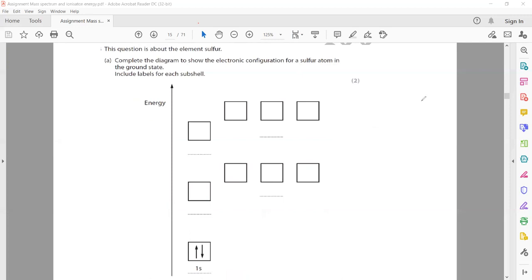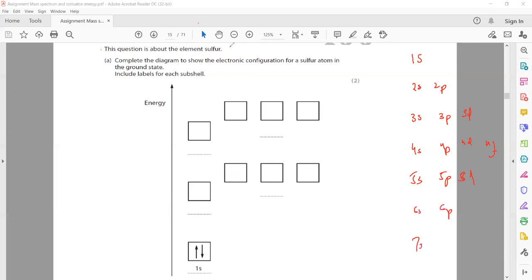So remember this table when you're completing the electronic configuration. That is 1s, 2s, 2p, 3s, 3p, 3d, 4s, 4p, 4d, 4f, 5s, 5p, 5d, 6s, 6p, and then 7s.